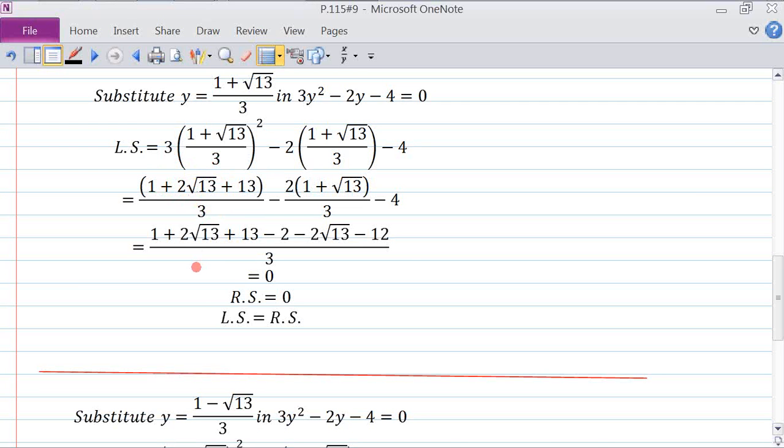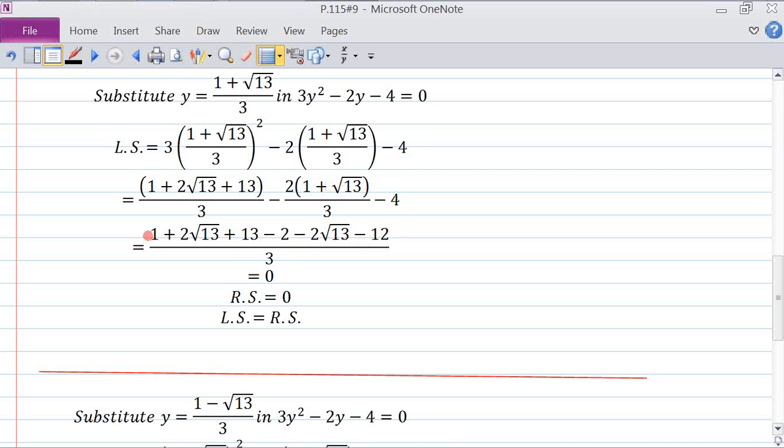completely. So now we're going to combine this under a common denominator. Instead of this minus 4, we're going to write minus 12 over 3. So we're going to combine all these 3 terms. We get 1 plus 2 root 13, which is this, 13, which is this, minus 2 is this term over here, and minus 2 times plus root 13 is minus 2 root 13, and this is minus 12.